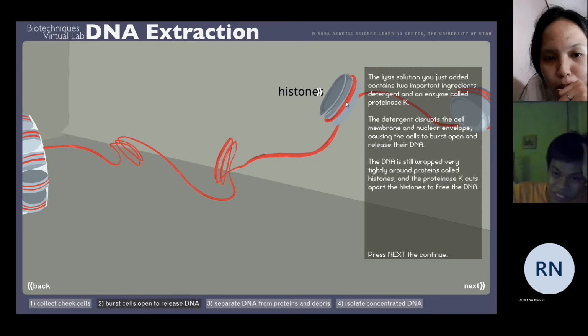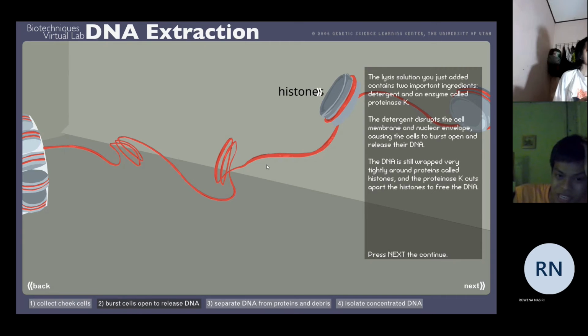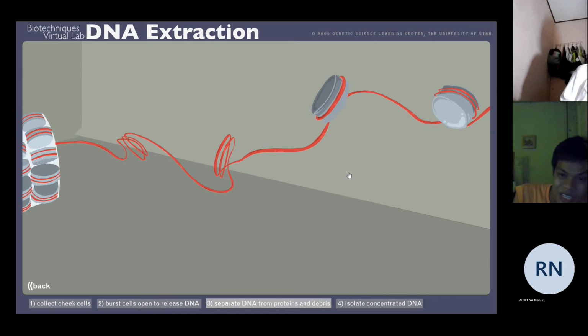So pinaburst niyo yung cells gamit ang lysis solution natin, pati ang detergent para ma-disrupt yung cell membrane. First yung detergent, mag-open yung cell membrane para makapasok sa nucleus natin, pati sa nuclear envelope. Tapos next yung proteinase K, siya yung needed na enzyme para mag-break down yung histones para ma-free yung DNA na naka-roll sa histones.